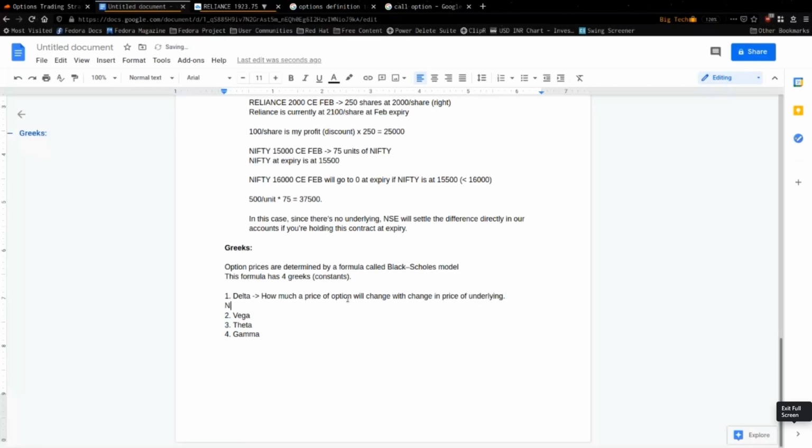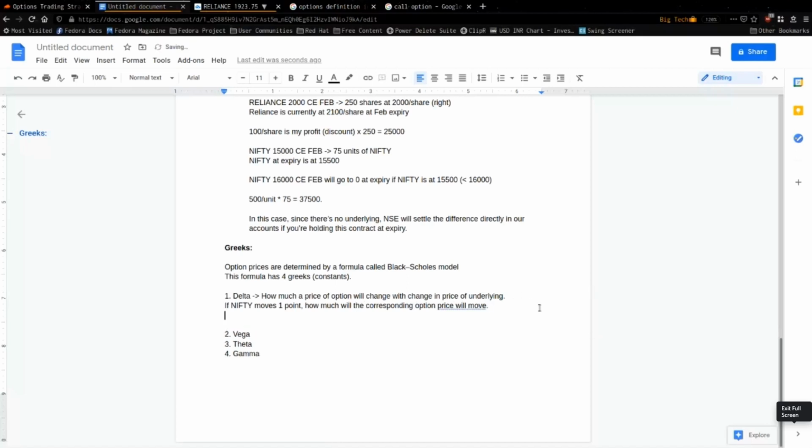So it essentially means if Nifty moves 1 point, how much will the corresponding option price move? And this will vary from strike to strike.